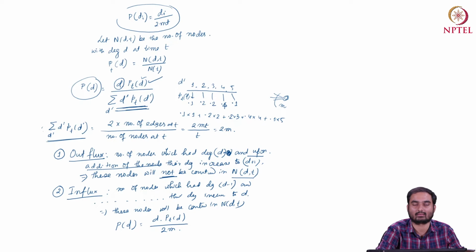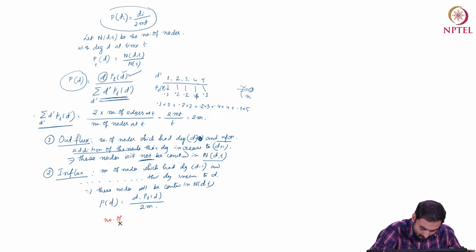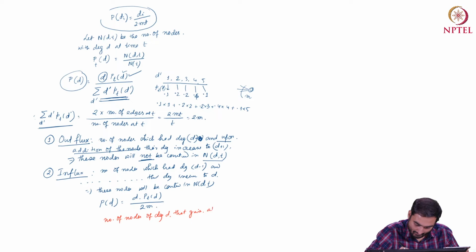There will not be any parallel edges. So the number of nodes of degree d that gain at least one edge due to the addition of the new node.